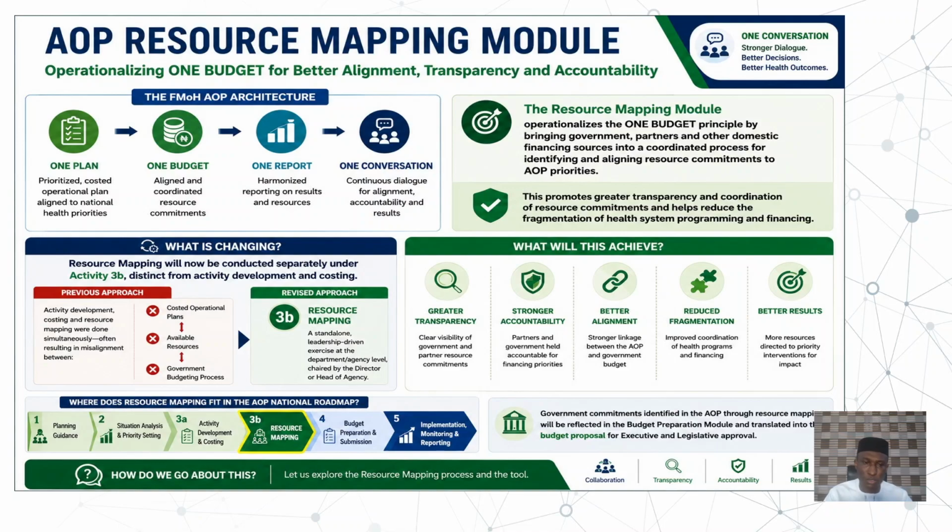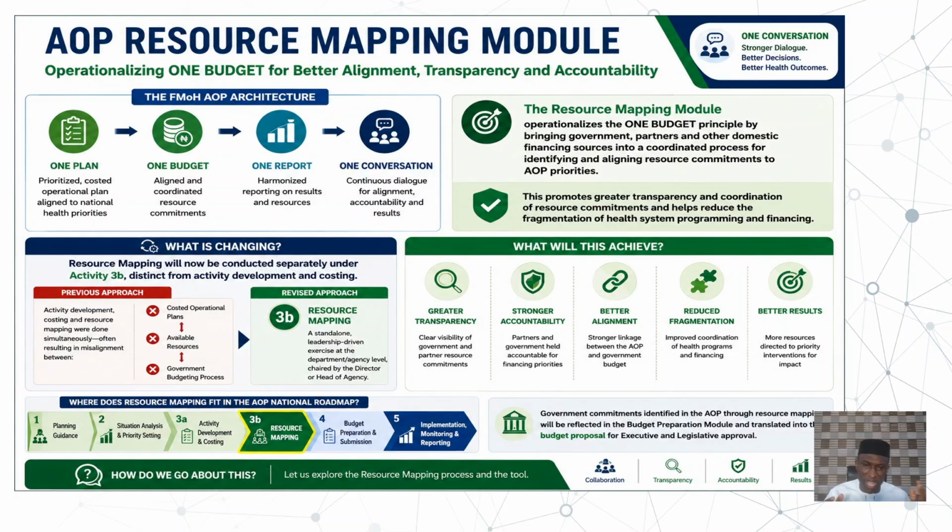This will help us mitigate the weaknesses and inefficiencies within the AOP planning process that we have seen thus far, by having costed plans not aligning with the budget proposals. So all of this will help us address this issue of misalignment, fragmentation, and overlapping issues.